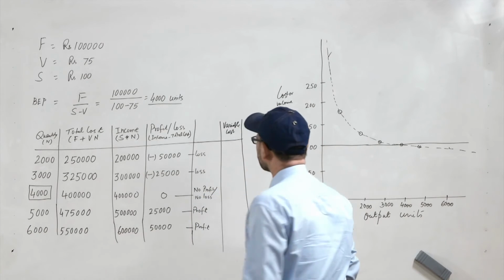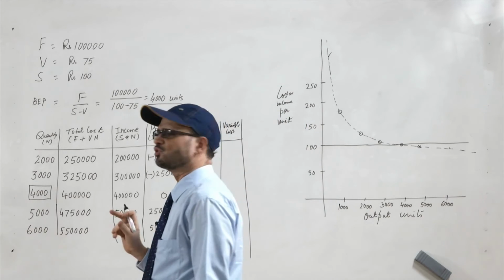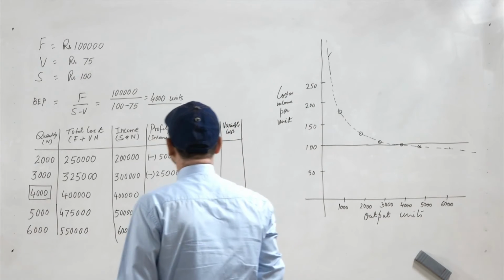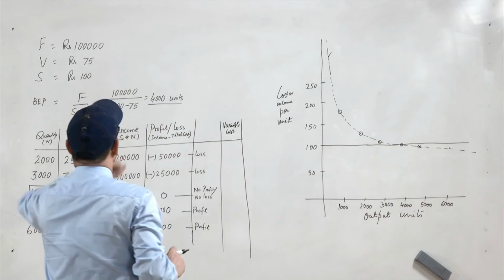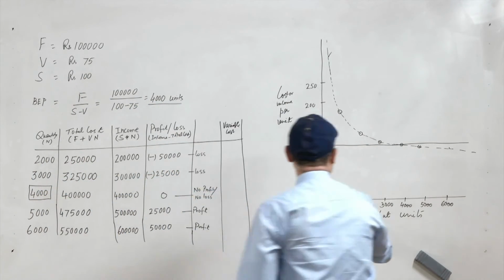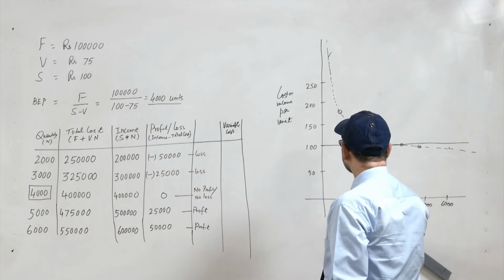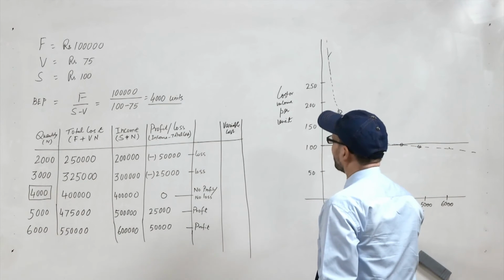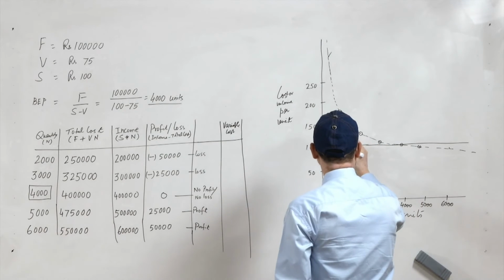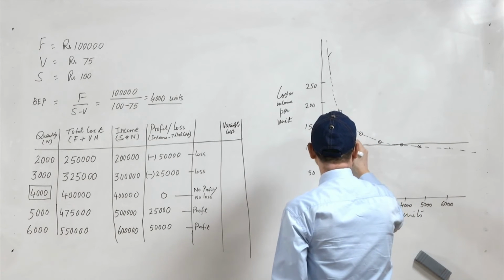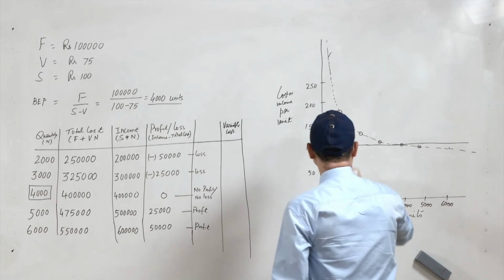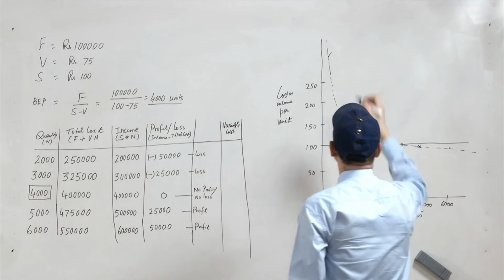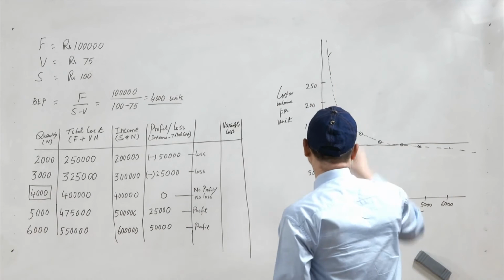Now, if we look at the fixed cost per unit line, fixed cost is 1 lakh. So, for 1000 units it will be 100, but certainly for 0 items it will be towards infinity.